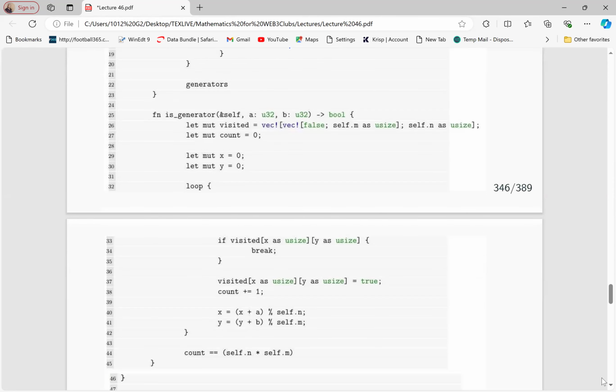Now, this one is a bit long, but it begins by finding if elements are generators. It begins counting at 0. For an element, say it has been given 1, 1 to find out whether 1, 1 is a generator.